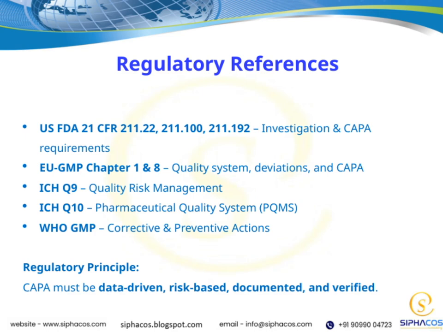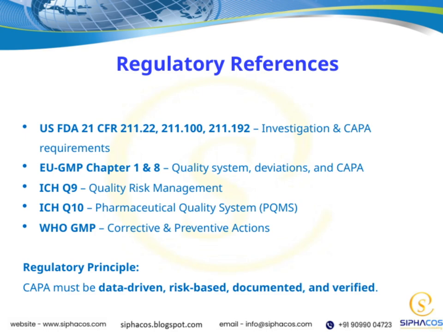focus on establishing a solid quality system, managing deviations effectively, and ensuring CAPA are properly handled to maintain compliance and product quality. Internationally, the ICH-Q9 guideline underscores the importance of risk-based approaches to quality management, encouraging us to prioritize our efforts based on the potential impact.